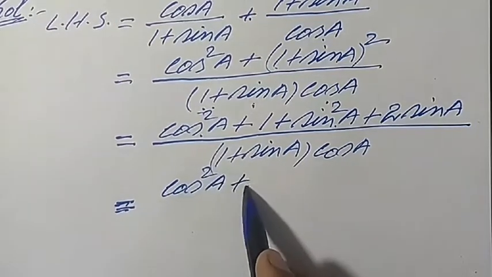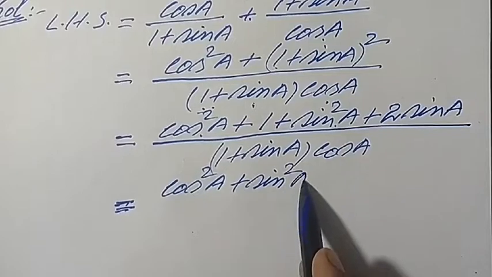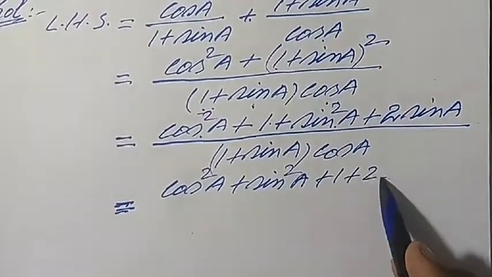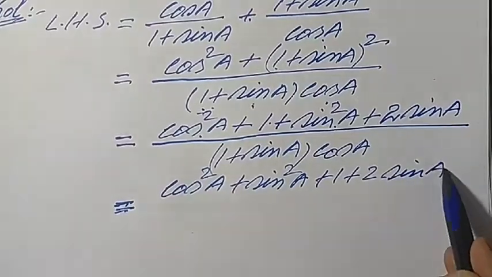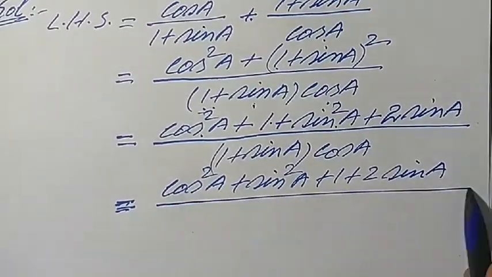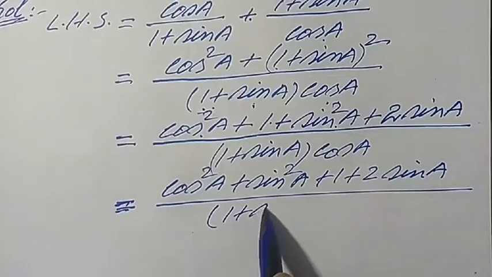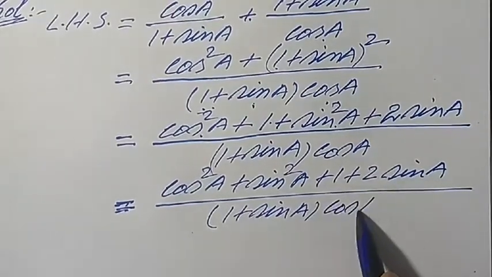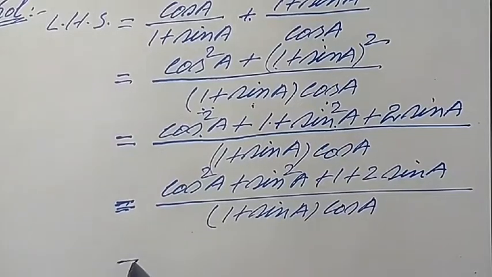Cos square A plus sine square A should be written together, and this plus 1 after that, then plus 2 sine A, divided by (1 plus sine A) into cos A.